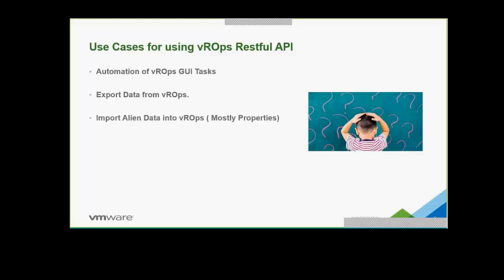The other important use case which I have worked on a lot is importing data into vROps. That's another case where you want to bring in data from alien data sources into vROps.